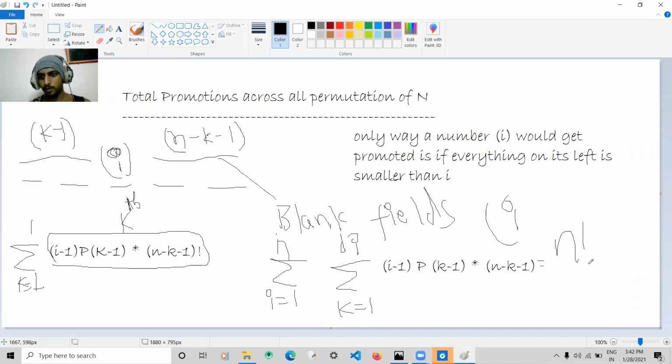You will get n factorial times the sum from k equals 1 to n of 1 by k. So this will be your numerator.